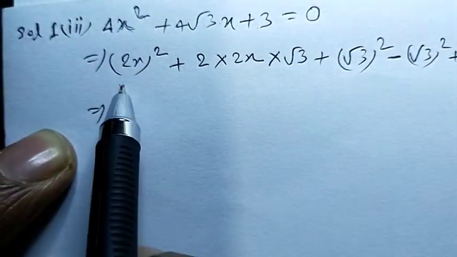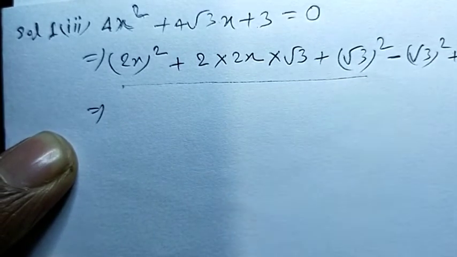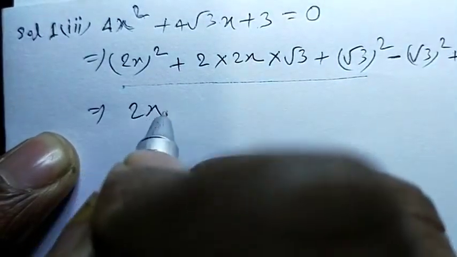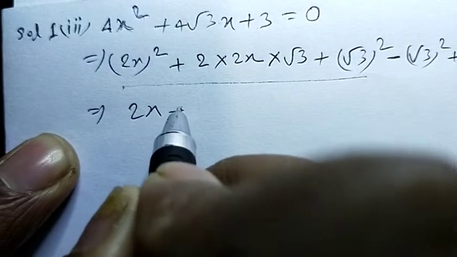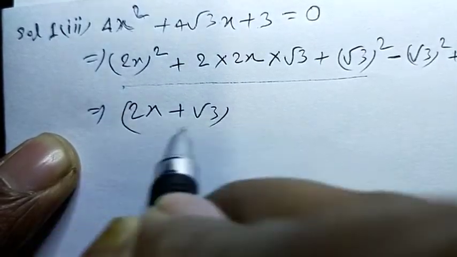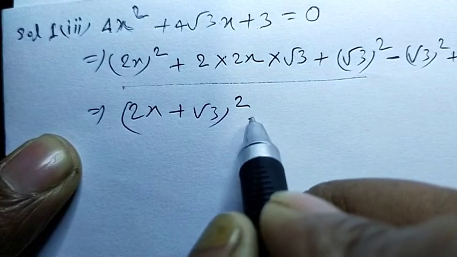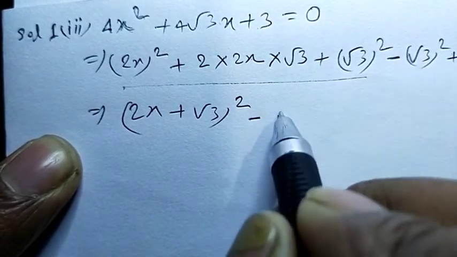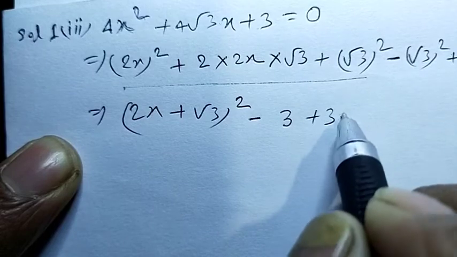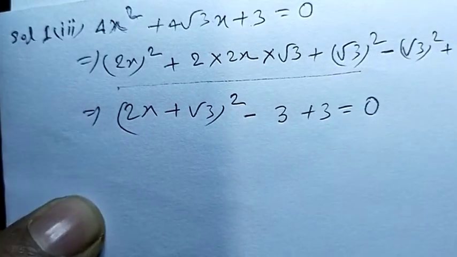Implies, this is a formula, so you write here 2x plus root 3 the whole square minus root 3 the whole square plus 3 is equal to 0.